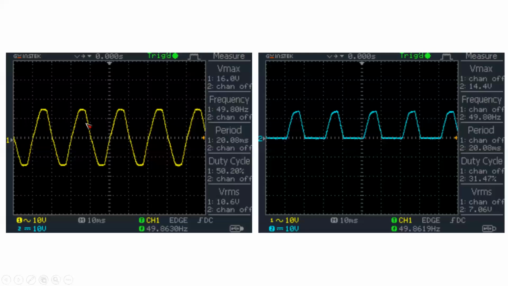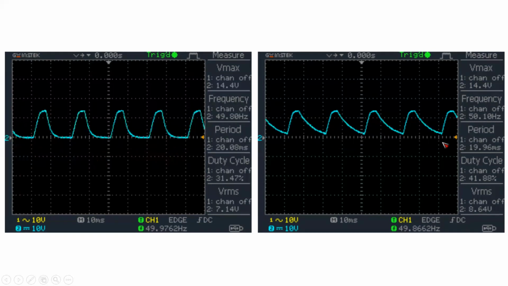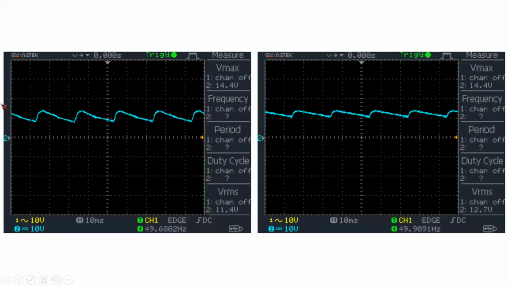So this is your full-wave AC wave, right? And this is your half-wave rectified result, no capacitor. Okay. Now if we apply a capacitor, see your curve is flattening. This is for 1 microfarad. This is for 2.2 microfarad. It is more flattening. If we apply more, it is 4.7 microfarad.